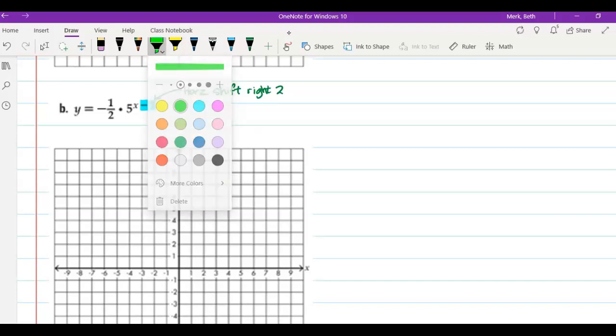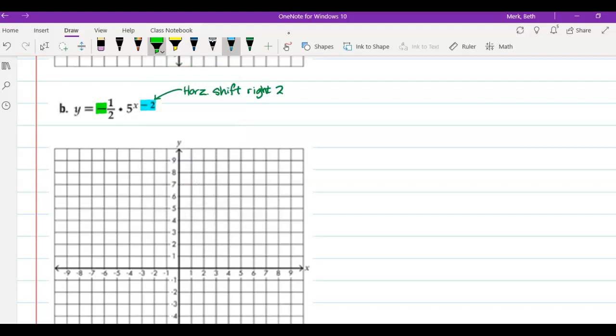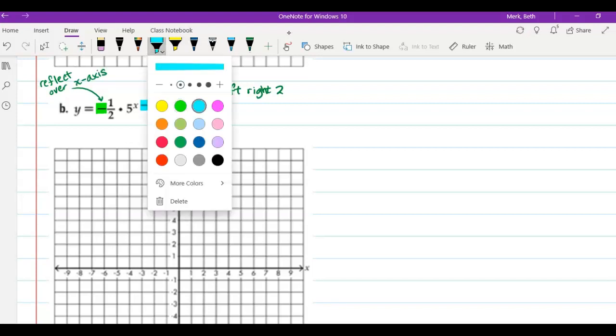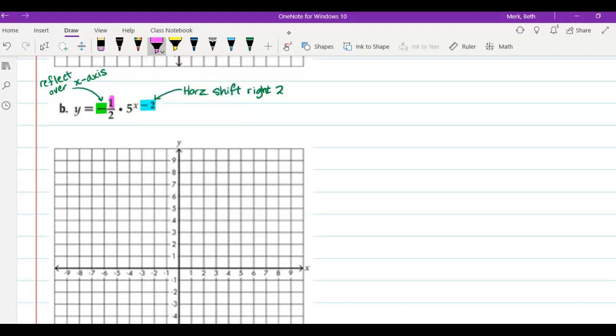We have a negative sign out front. What does that do? That's going to make it reflect over the x-axis. And then finally, we have this 1/2 out front. What does that do? That's a vertical compression.